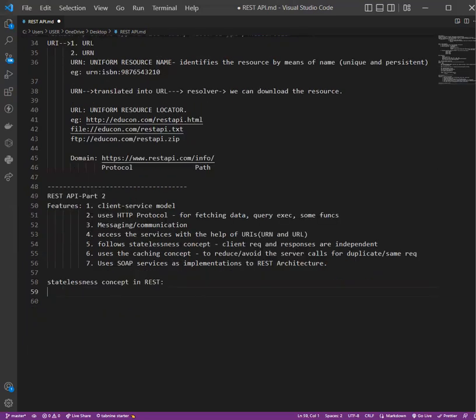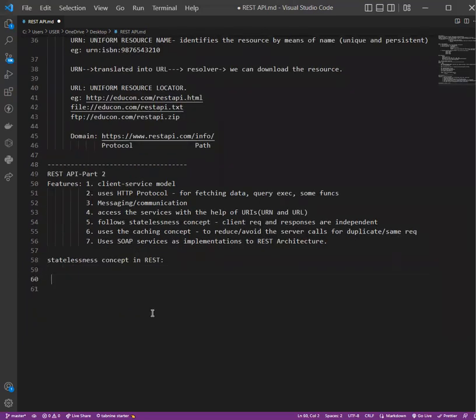Mainly in the REST architecture, one is the client and another is the server.